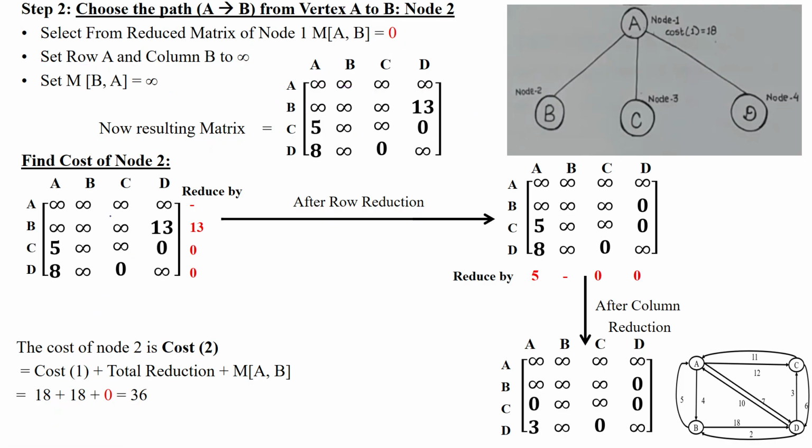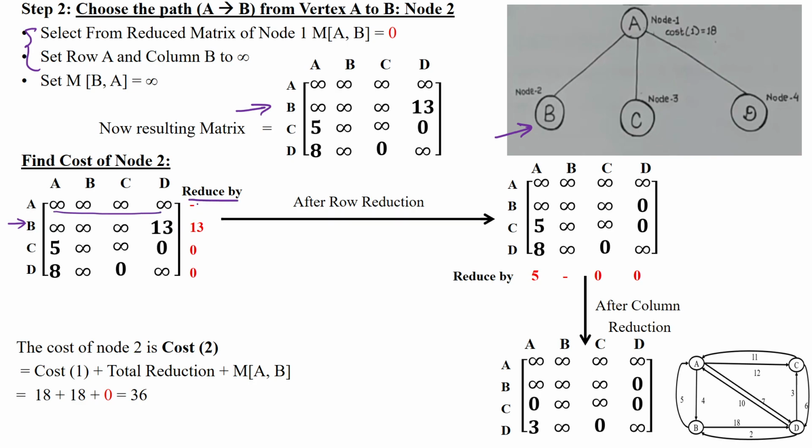After that we again have to find the cost for node B. For that we have to perform the total reduction. Here this is the resulting cost matrix you got after performing these three steps. For that we have to apply the row reduction.